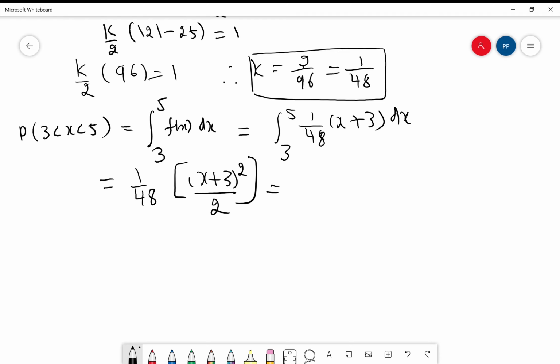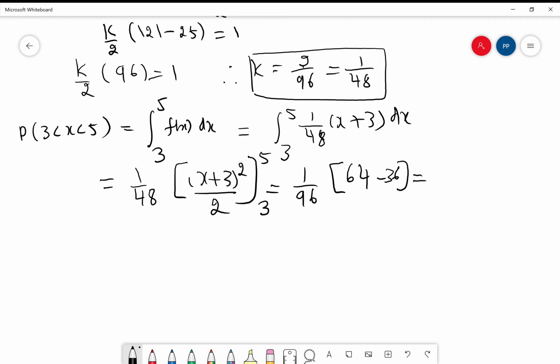Simplifying, you are getting 1 by 96, 48 into 2. The upper limit is 5, the lower limit is 3. So if you put x equals 5, 5 plus 3, 8, 8 square is 64, minus, put x equals 3, 3 plus 3, 6 square, which is 36.